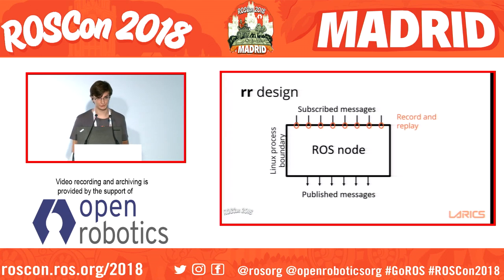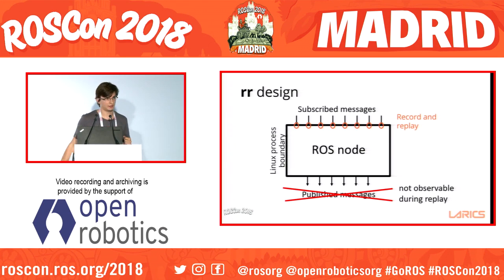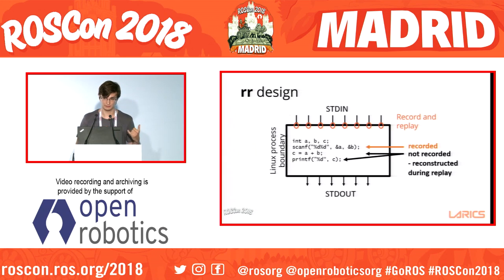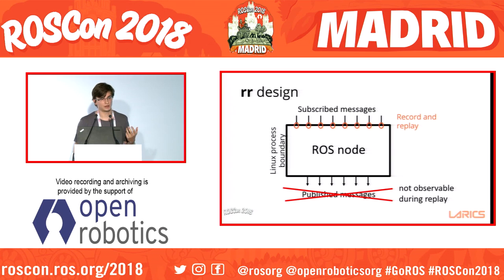So in case of a ROS node, the non-deterministic inputs would be the incoming messages. So the issue I ran into was that, in the previous example, the side effect of this application is printing to the standard output. So the only side effect that Mozilla RR reproduces is standard output.